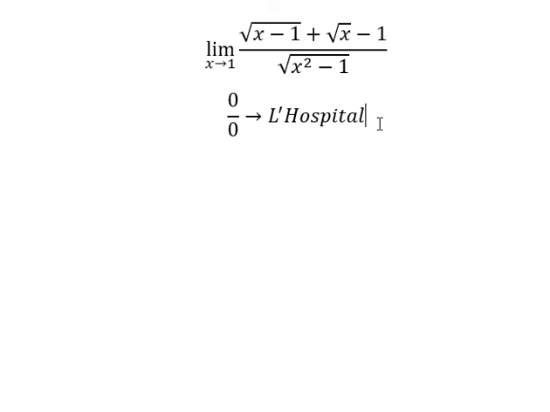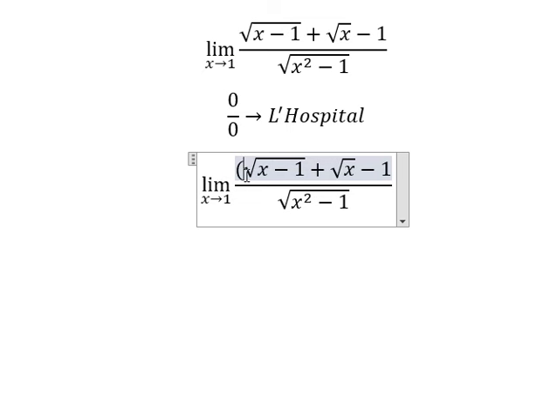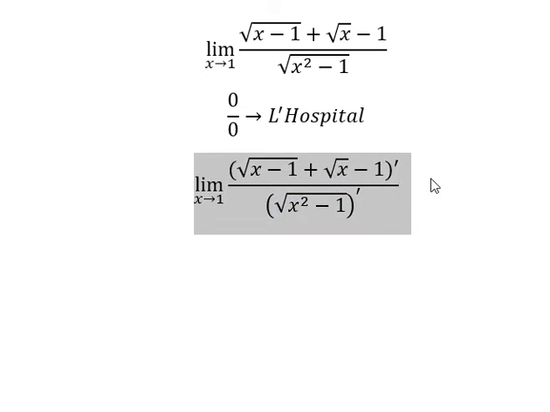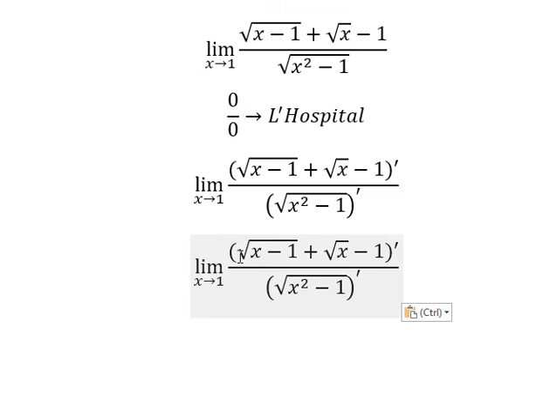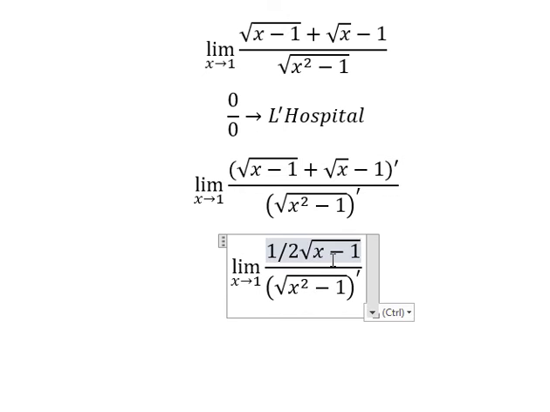That means we first need to take the derivative of the numerator and denominator. So this one gives 1 over 2 times the square root of s minus 1.